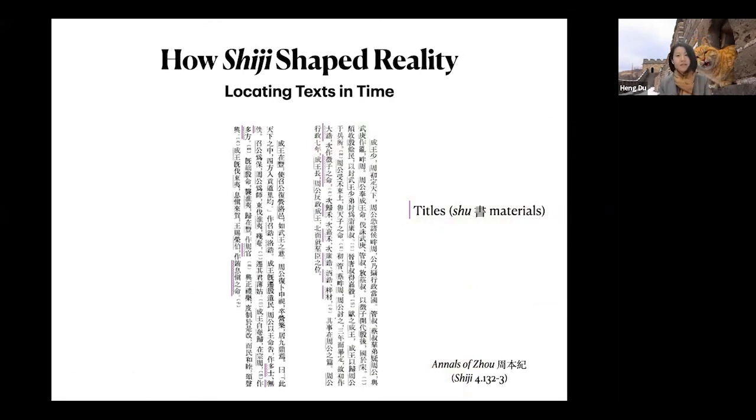I think you can see Shi Ji's concern with locating text in time throughout the compilation. So here I just have this example from the Annals of Zhou, from Shi Ji, where you can see, for instance, in this passage on the early period of King Cheng and Duke of Zhou, all the things that have the purple line next to them are titles, and they all seem to be titles of the Shangshu material.